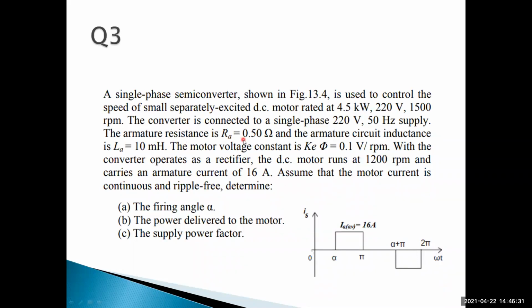The armature resistance RA is equal to 0.5 ohm, armature circuit inductance LA is 10 millihenry. The motor voltage constant K phi is 0.1 volts per RPM. With the converter operating as a rectifier, the DC motor runs at 1200 RPM and carries an armature current of 16 amps. Assume that motor current is continuous and ripple free. Find the firing angle alpha, the power delivered to the motor, and the supply power factor.